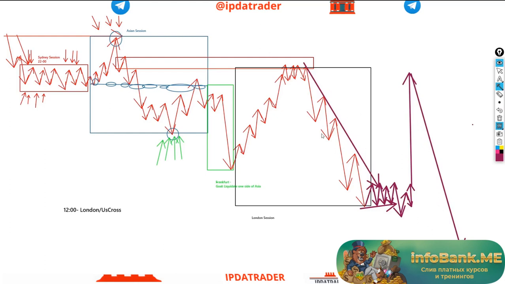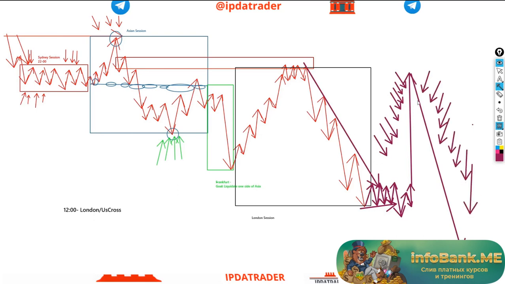Again, if London was bearish, you will probably get a huge liquidity grab just before the US session to then continue. Just because smart money and market makers, whatever you want to call them, don't want the retailers to profit, so they will sacrifice some capital to buy it all up to then quickly sell it all off, right?